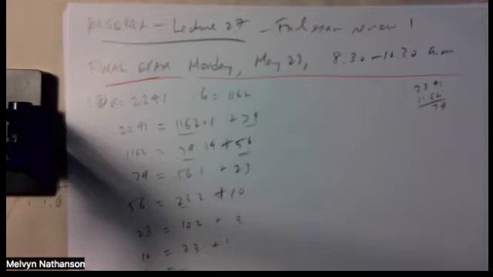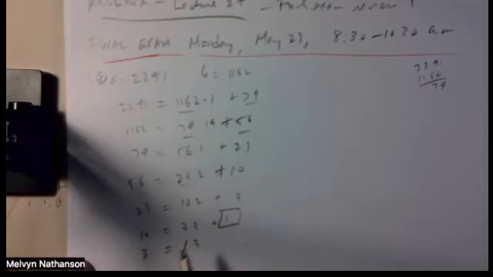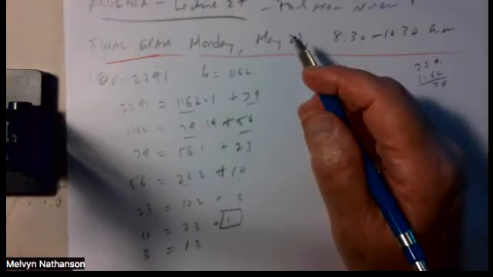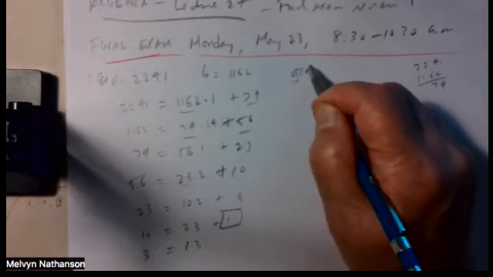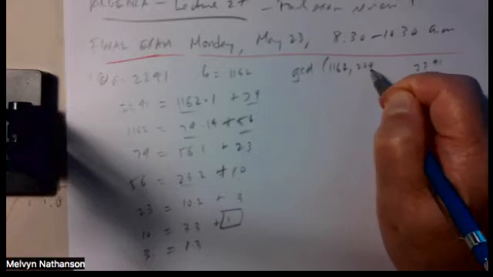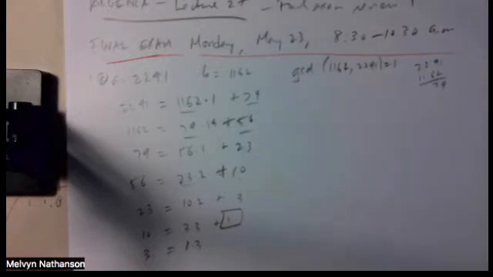And 3 divided by 1 goes 3 times and leaves a remainder of 0. So the last positive remainder is 1. So the greatest common divisor, the GCD of 1162 and 2241, is equal to 1.